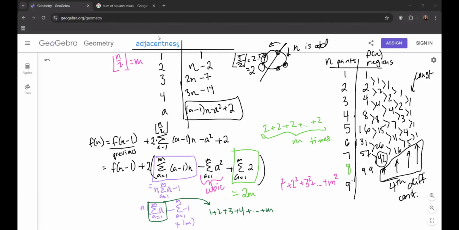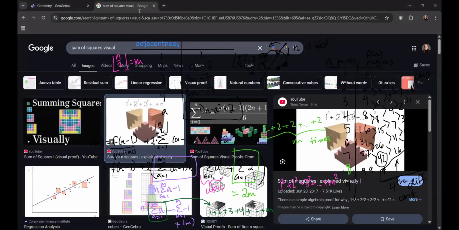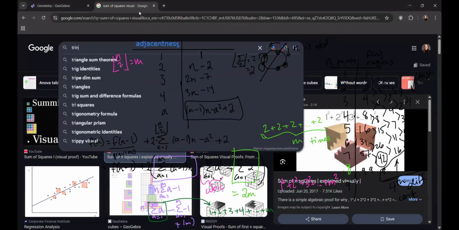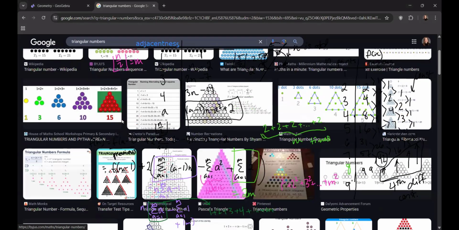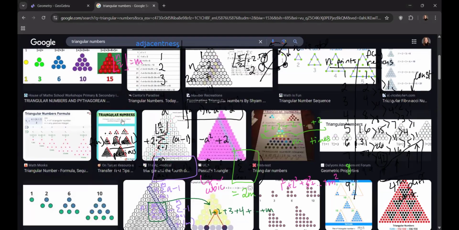This one is also a cool visual proof. These are called the triangular numbers. 1, and then 1 plus 2 gives you 3. 1 plus 2 plus 3 gives you 6. And the formula for that is going to give you something quadratic.